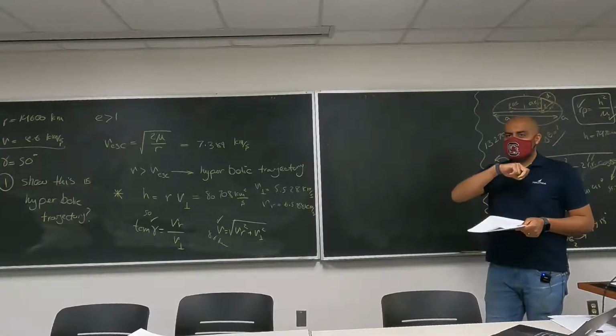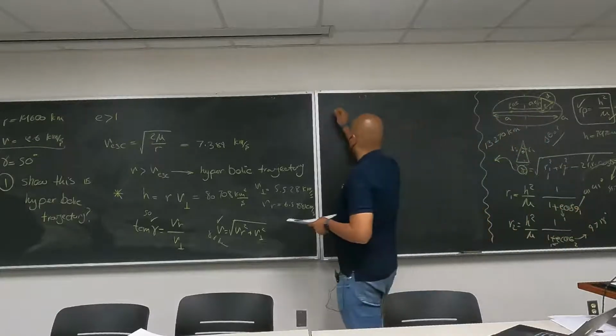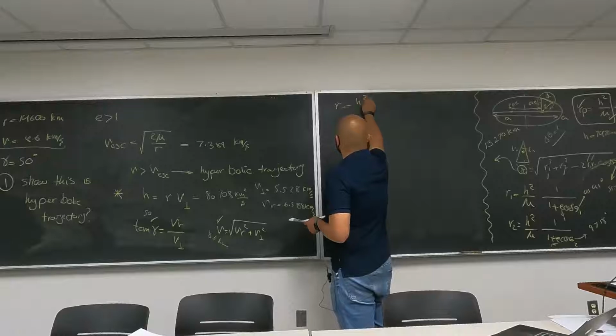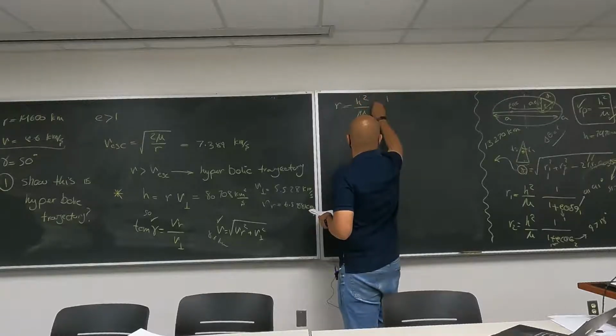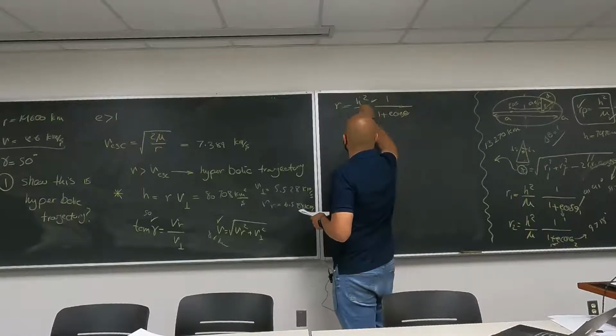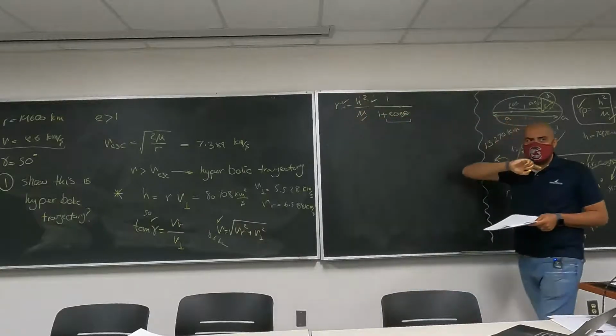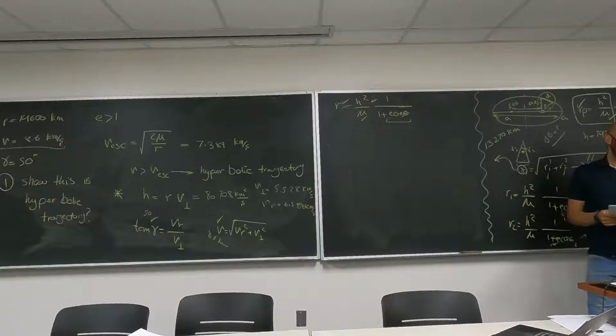What is the main orbit equation? H squared over mu, 1 over 1 plus e cosine theta. Okay, we have this, we have this, we have this, but we don't have any of this, theta or e. Do we have any equation for this hyperbolic trajectory that relates one of the components of velocity to eccentricity and theta?